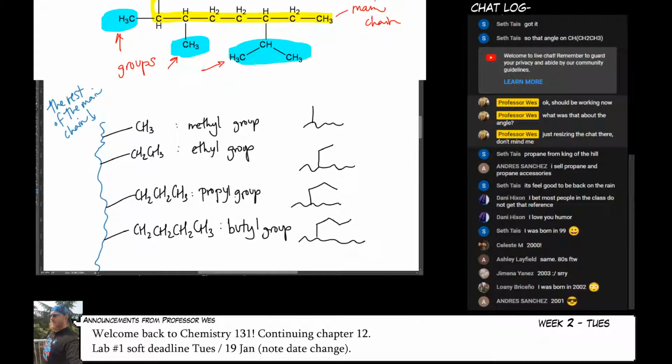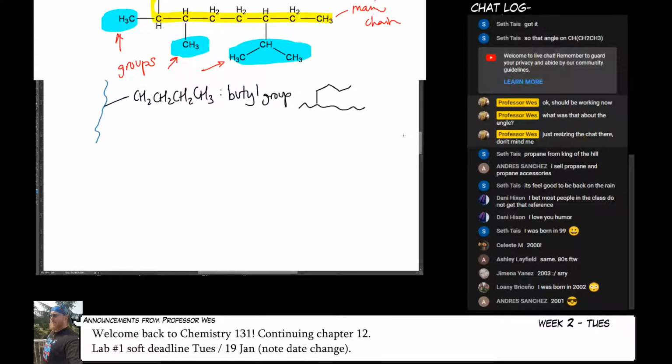So you're going to see these groups all the time. Now, if you're looking at the little diagram above, you can see the methyl groups right away. But if you're looking at that group on the right, you're probably thinking, well, it kind of looks like a propyl, but isn't it connected to the wrong thing? And that's absolutely correct. There are more groups, so we're going to keep going.